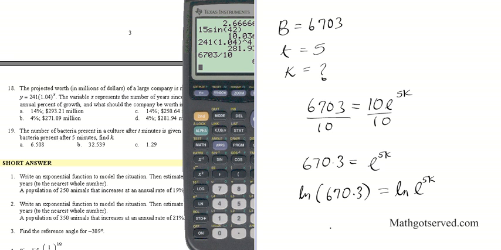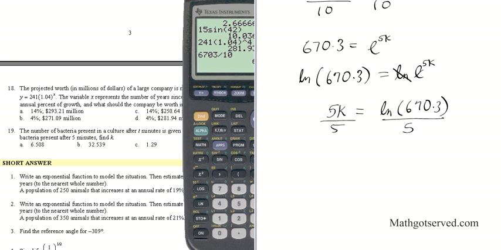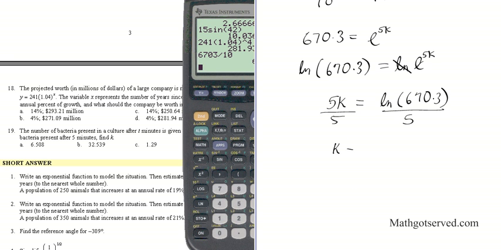On the right side, the natural logarithm and e are inverses, so they cancel each other out. So I have 5k equals the natural logarithm of 670.3. To isolate k, I'll divide both sides by 5. So k equals the natural logarithm of 670.3 over 5.